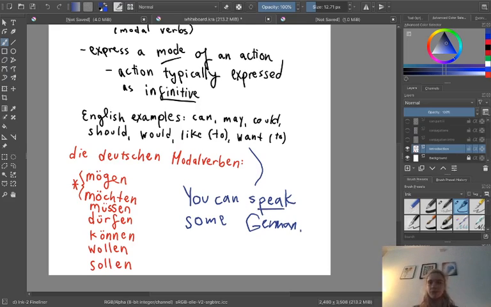That is the action that we're modifying. So versus you speak some German, we're talking about how you speak German, wenn das Sinn macht, wenn das Sinn ergibt.